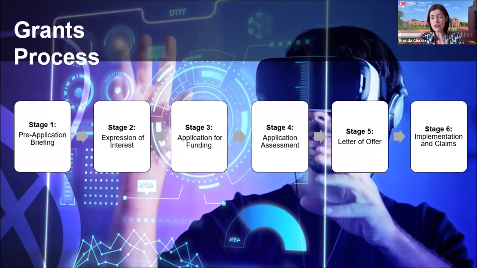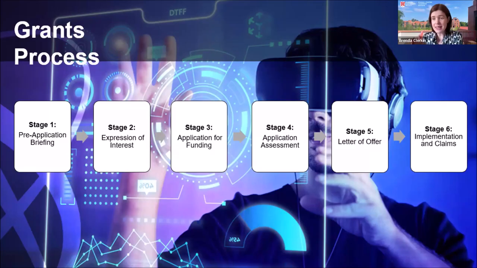So if you are successful through that, then you will be asked for a fuller application form. So this is where you're getting into more detail about where this technology is going to work, the benefits that you're going to see from this technology, and how does it work towards your overall digital transformation. Okay, so what part of the journey is this sort of helping with?